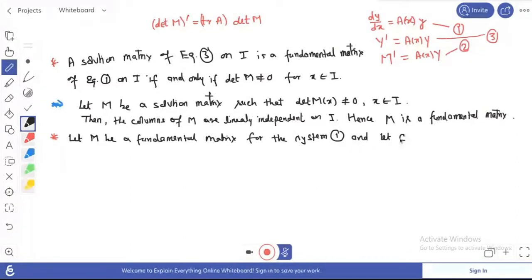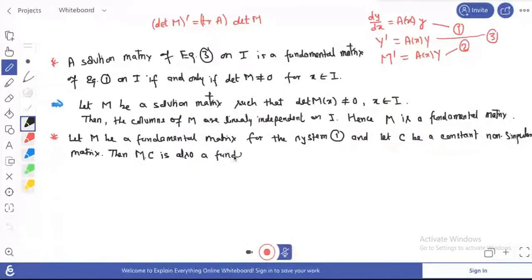So this says that the product of these two matrices, M into C, is also a fundamental matrix for the given system, that is equation 1.